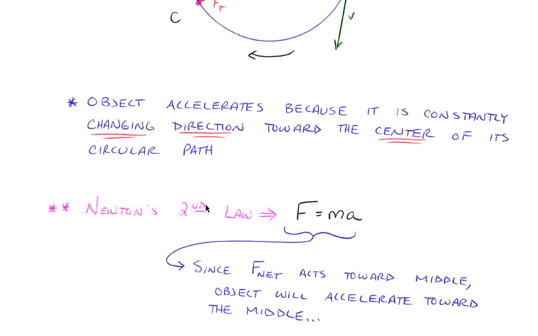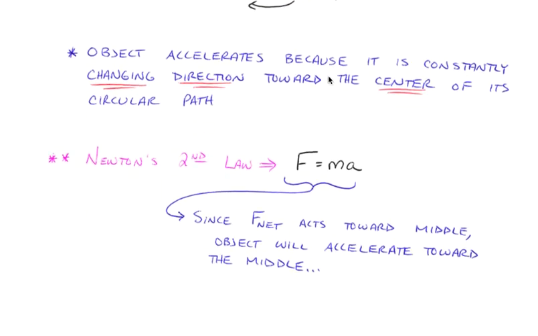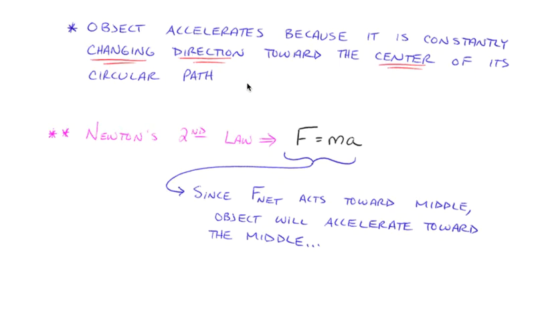As I mentioned previously, the object accelerates because it is constantly changing direction towards the center of its circular path. You could also use Newton's second law, which states that the net force on an object equals the mass times the acceleration. If the net force acts on an object to the right, that object is going to accelerate to the right. If that net force acts down, the object will accelerate down.